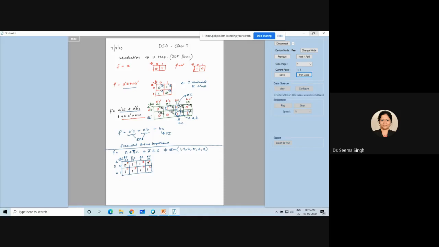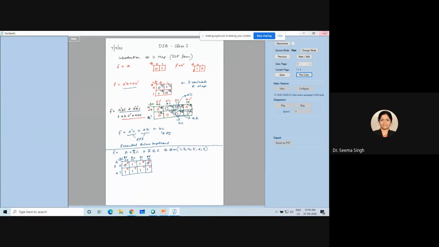Because your binary function allows for such grouping. Whether you are grouping 4 or 2, you can do it horizontally and vertically. There is no diagonal possible here.